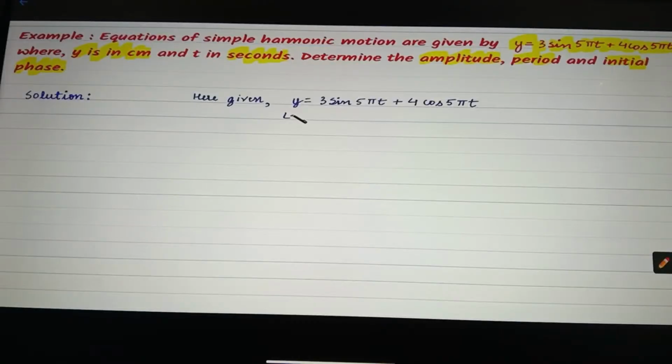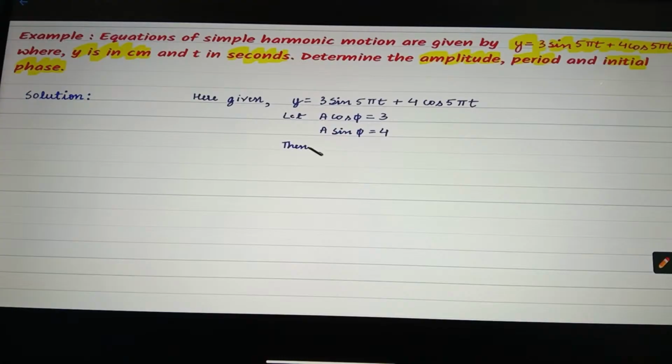And for solving this, let A cos phi be equal to 3 and A sine phi be equal to 4.